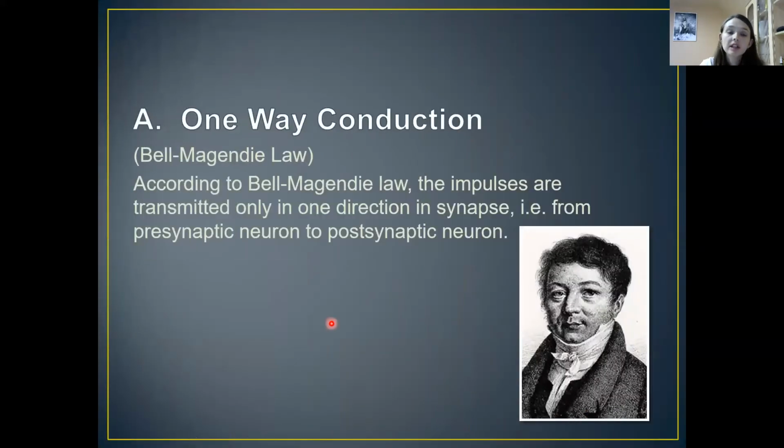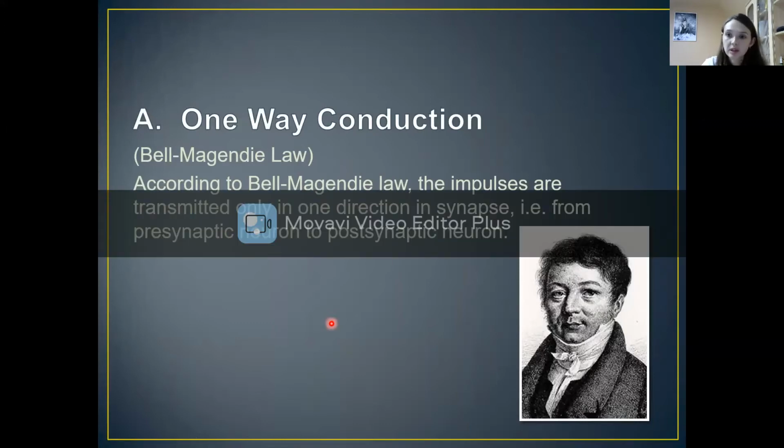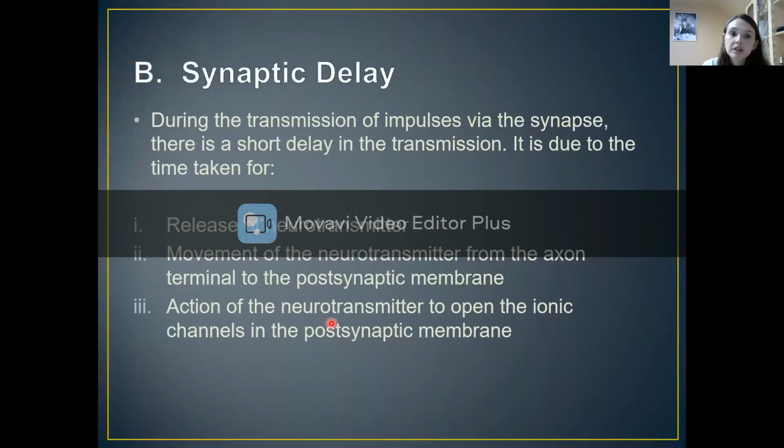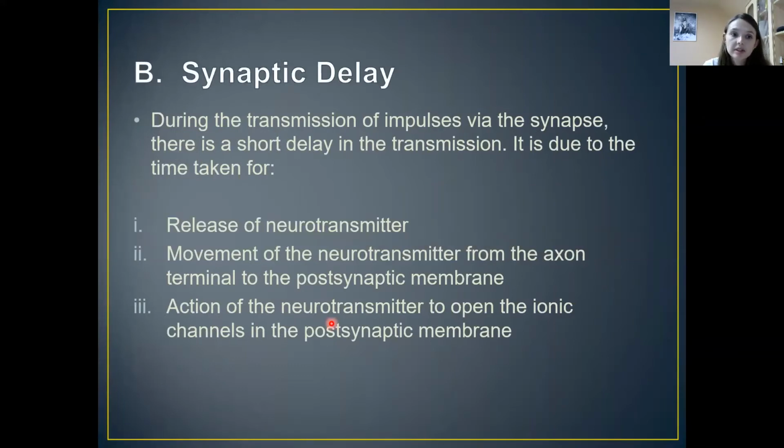One-way conduction, what does it mean? It means that the signal in the synapses will be transmitted only in one way, from the presynaptic neuron to the postsynaptic neuron, only in one direction. Synaptic delay. During the transmission of the impulses via the synapses, there is a short delay in the transmission. Why does the delay happen?